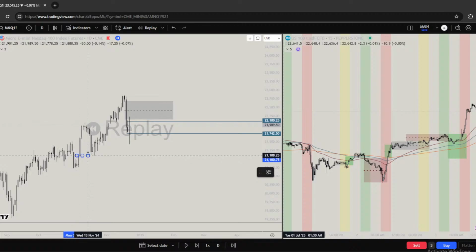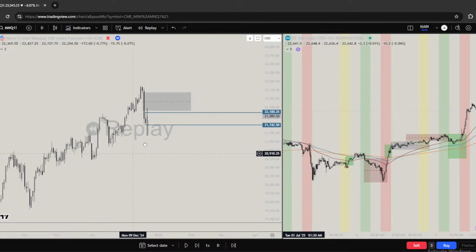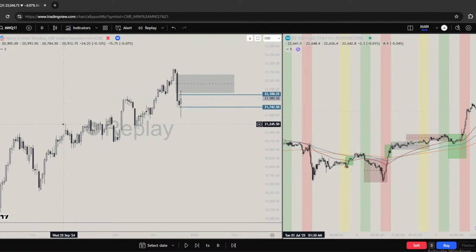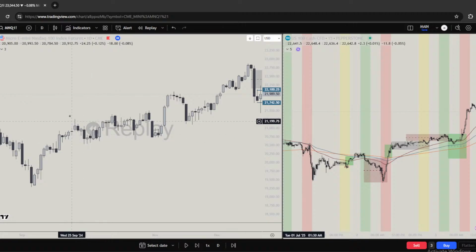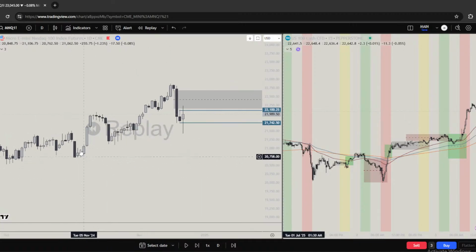Just looking at price. Some equal highs, equal lows, manipulation, distribution.